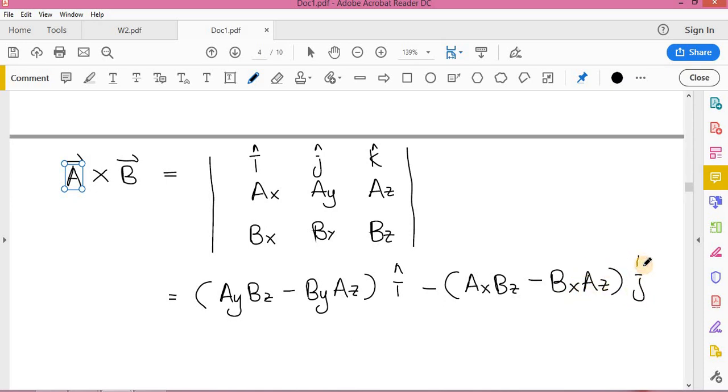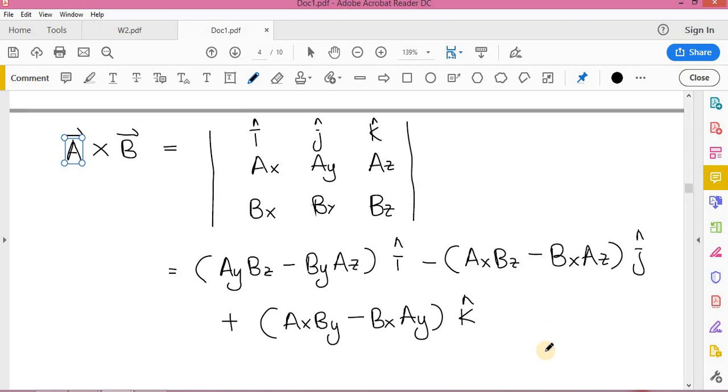And this is the j component, and you have to remember this one must be negative. The last one will be the k component. You hide this row and this column. So it will be Ax By minus Bx Ay. This one will be k.